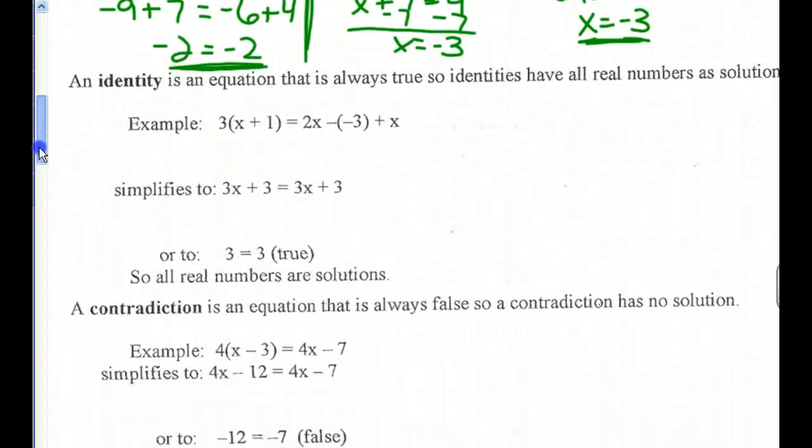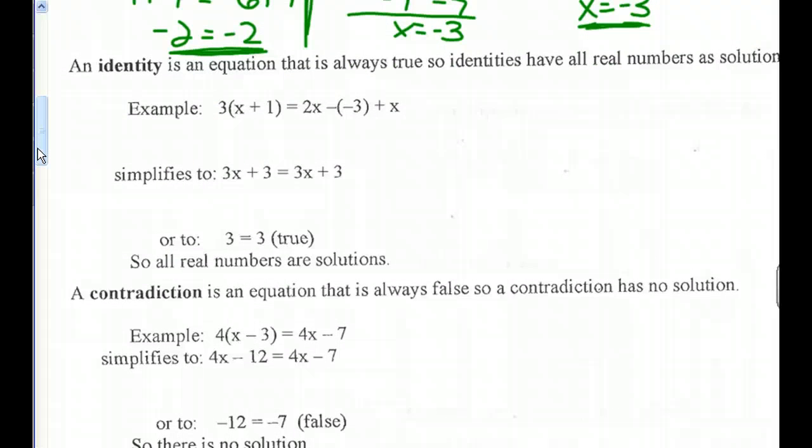All right. Now an identity is an equation that is always true. So identities have all real numbers as solutions. And we've seen these, we just got introduced to these yesterday. So here's an example. Let's say you distribute the 3. We get 3x plus 1 equals, and on this side, we make both of these positive. So we get 2x plus 3 plus x.